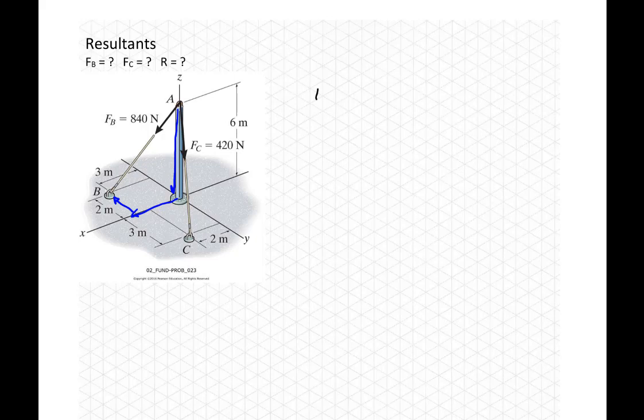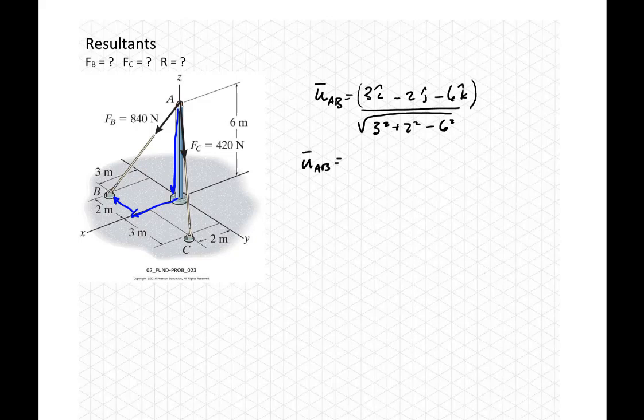So I'm going to say that the unit vector of A to B is equal to 3i minus 2j minus 6k over the square root of the sum of the squares, and we can multiply all that out. That's equal to 3/7 i minus 2/7 j minus 6/7 k.